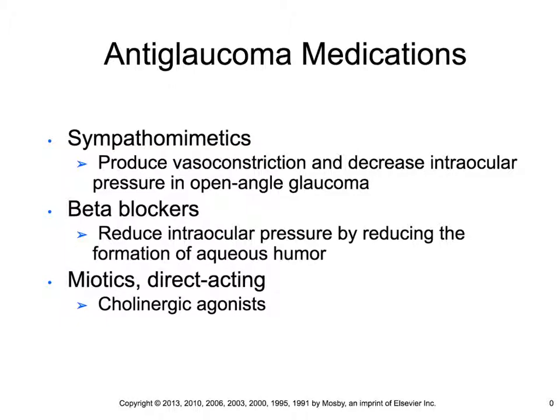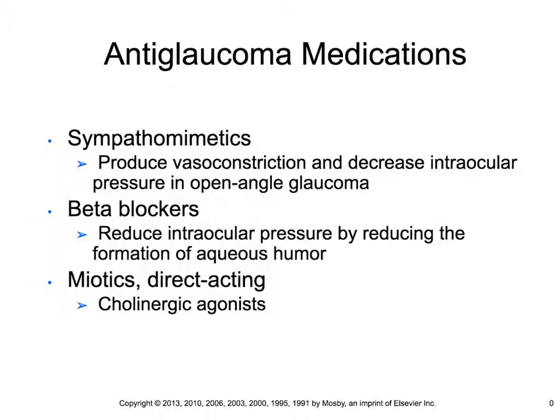So the sympathomimetic or the alpha adrenergic agonist produces vasoconstriction and decreases intraocular pressure in the open-angle glaucoma. Epinephrine is a common medication used as an anti-glaucoma medication. So beta blockers reduce the intraocular pressure by reducing the formation of the aqueous humor.